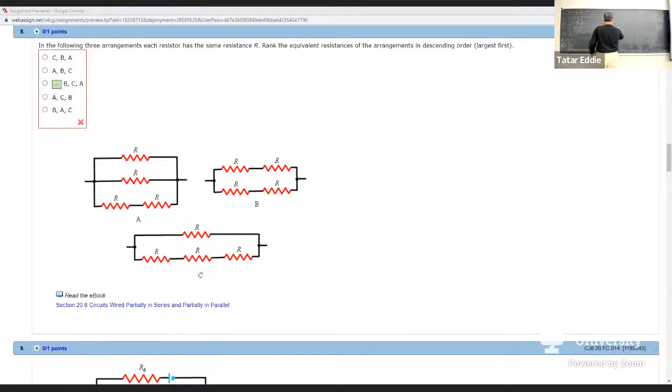This one R stays, but the other three become 3R. So to add those two, you have to add them in parallel, and their sum is going to be product 3R times R divided by the sum 4R, which gives you 3/4 R.